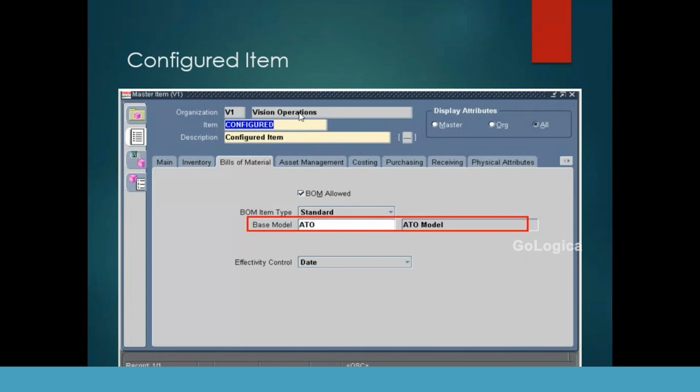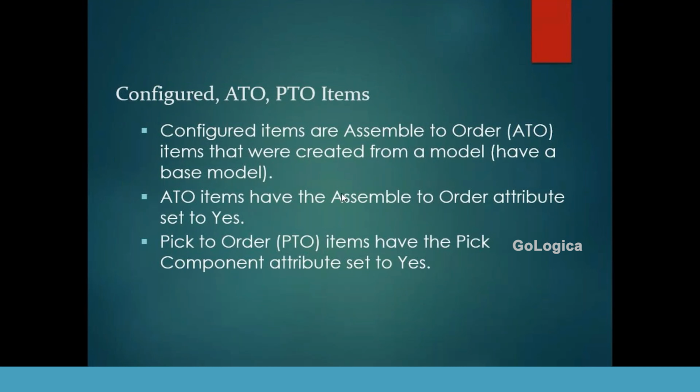Whatever configured item you are creating, the base model you will call an ATO model here. Configured items are nothing but your ATO items that were created from a model itself.